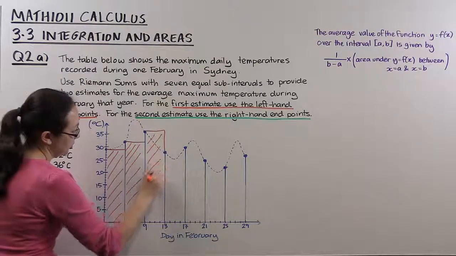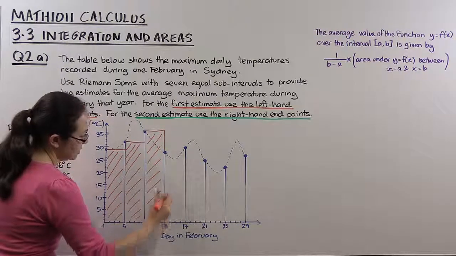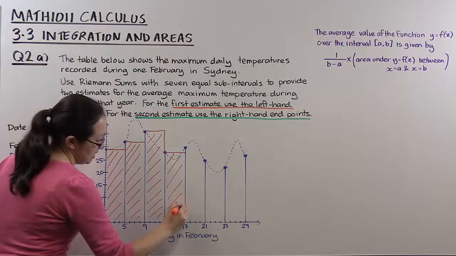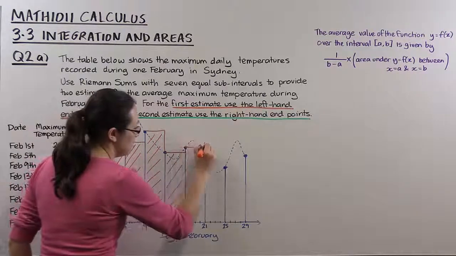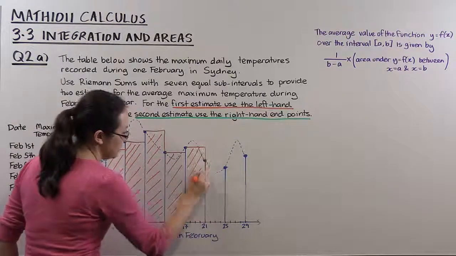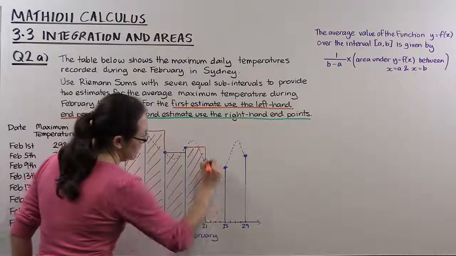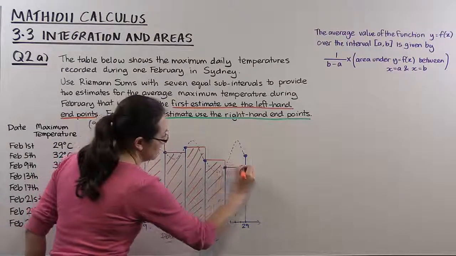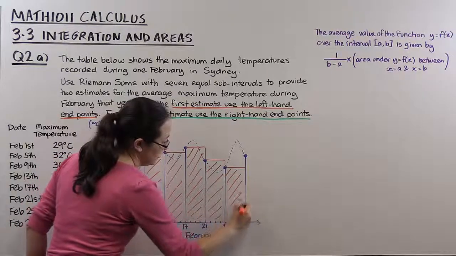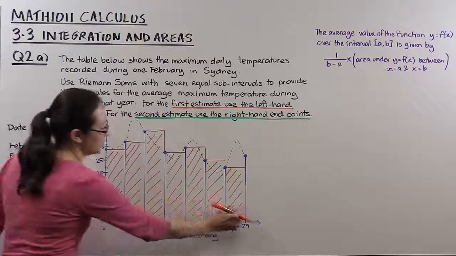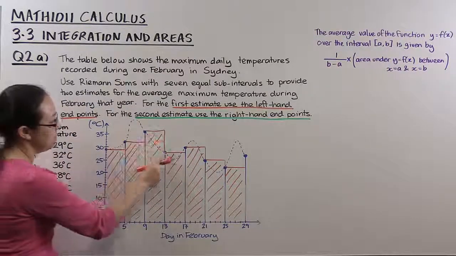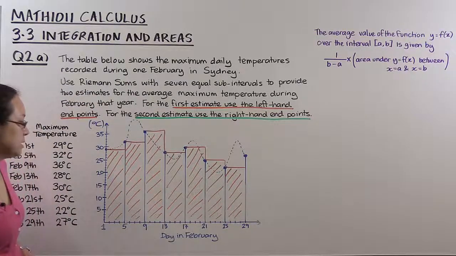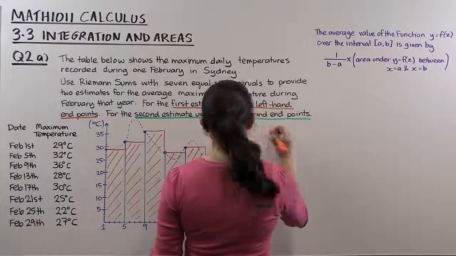So for each of the 7 subintervals, I take the leftmost point and draw a rectangle, and I use that rectangle as an estimate for the area under my function. So my 7 subintervals across here, and the leftmost endpoints are the tops of the rectangles that I will use for the Riemann sum.